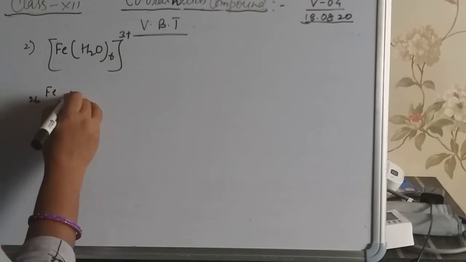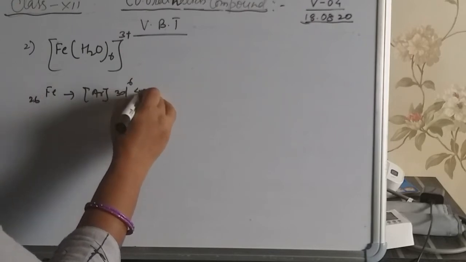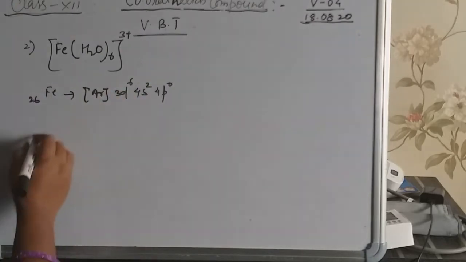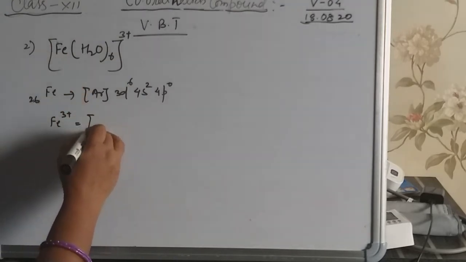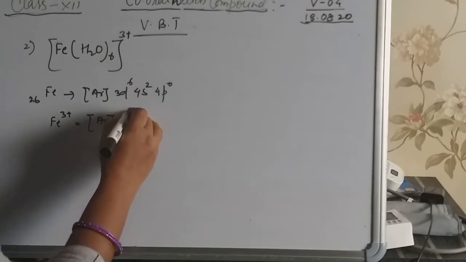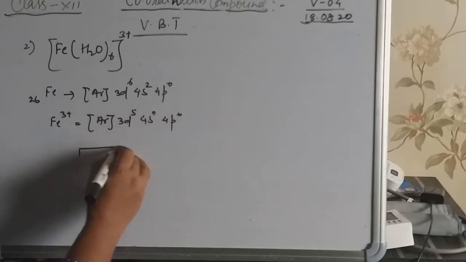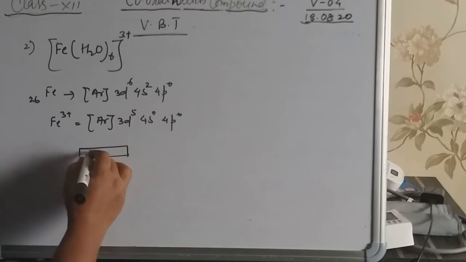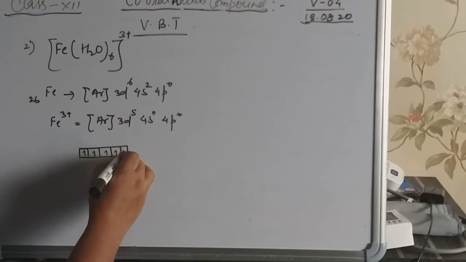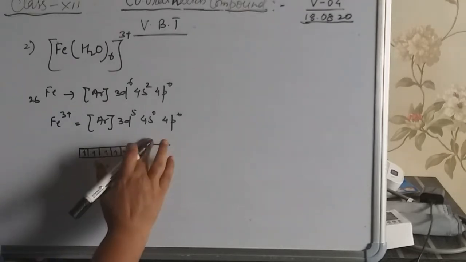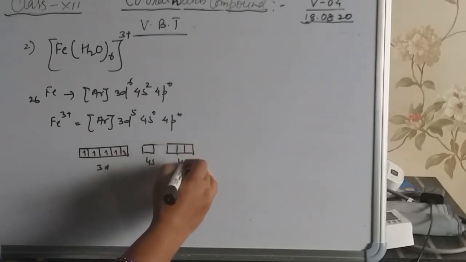Fe is 26, so argon 3d6 4s2 4p0. The central metal atom is in the +3 oxidation state, so argon 3d5 4s0 4p0. In 3d, 1, 2, 3, 4, 5, a total of 5 unpaired electrons are present in the d orbital, and the 4s orbital is empty and 4p is also empty.